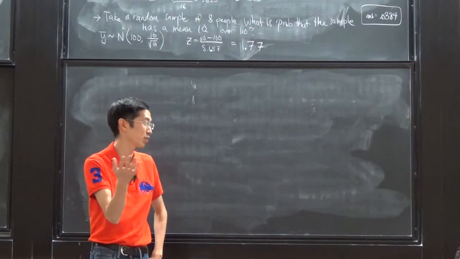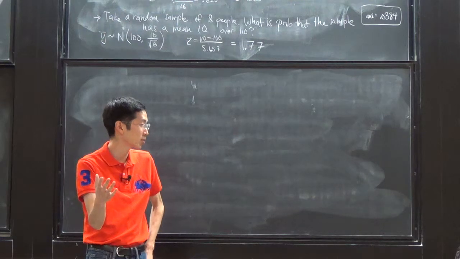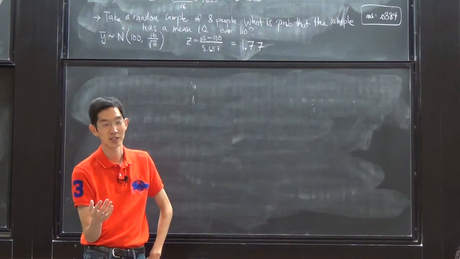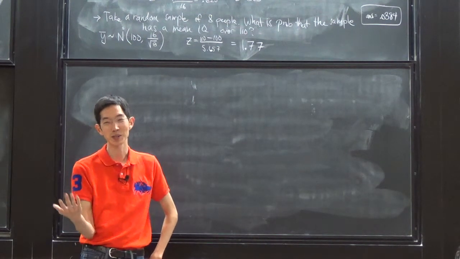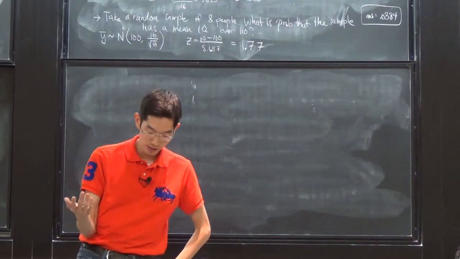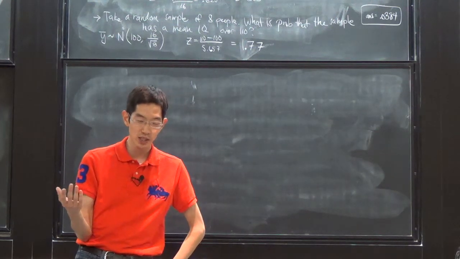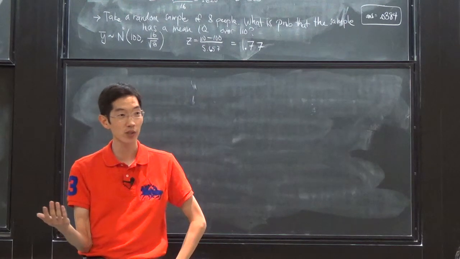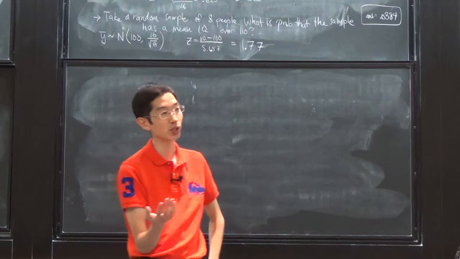Okay. And I guess now would be a good time. When would we approximate the binomial with the normal? I guess when I tell you to, but no, it's when n is very large in the binomial distribution.